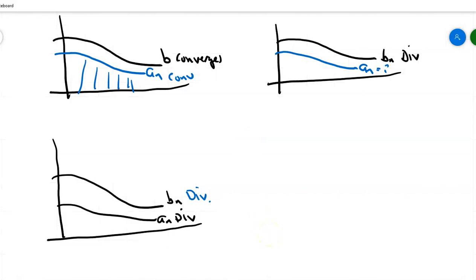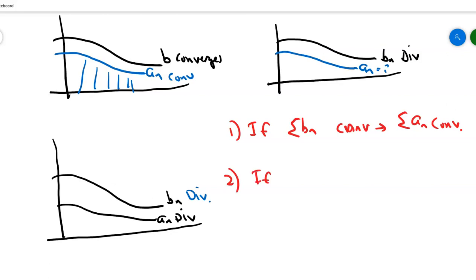So how can we write this out? If the bigger one, so if the b sub n converges, then the a sub n converges also, right? You might think of it simply as: if the bigger one converges, the smaller one has to converge. So if the bigger one has a finite area, the smaller one has to have a finite area also. And the second part of this test is the one that's illustrated right here.